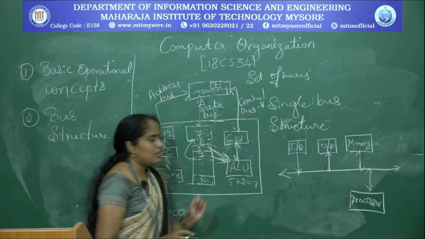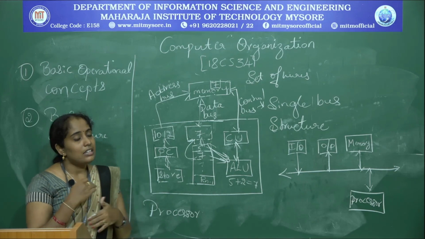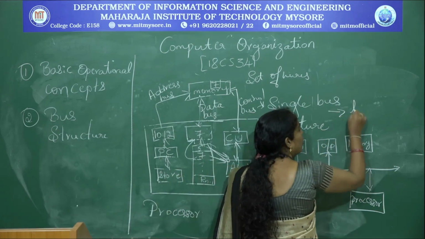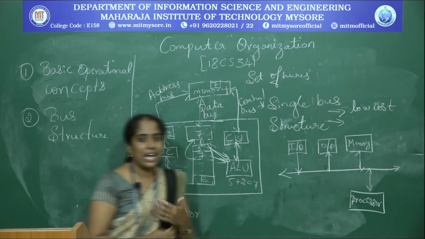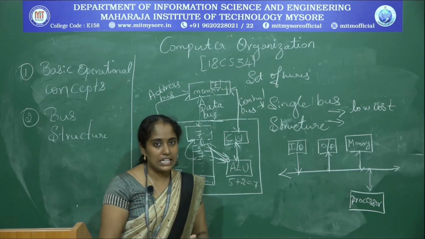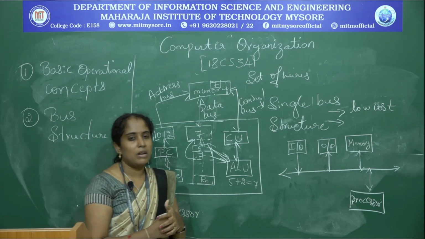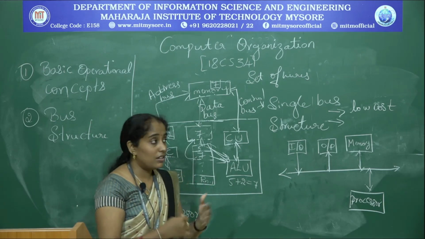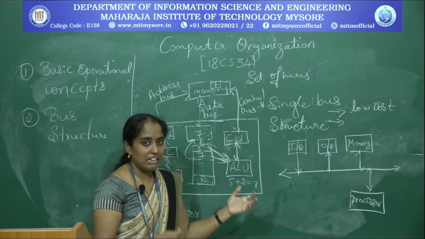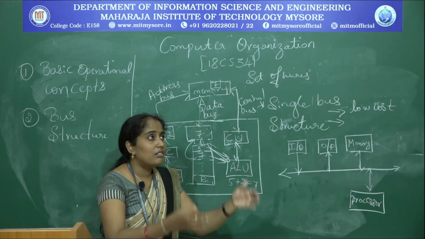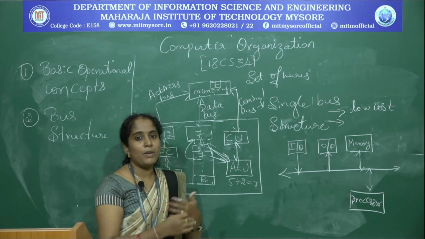In the single bus structure, the advantage is that it is very low cost and very flexible. You can add peripherals very easily. Yes, you can use a multiple bus structure, where many devices can be active at any time and, with parallel processing, computer performance may be high.